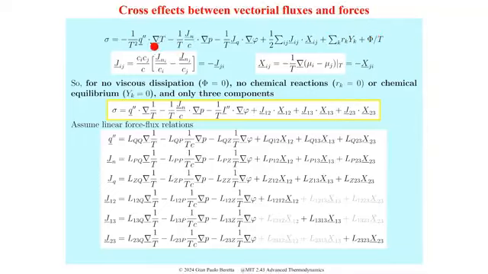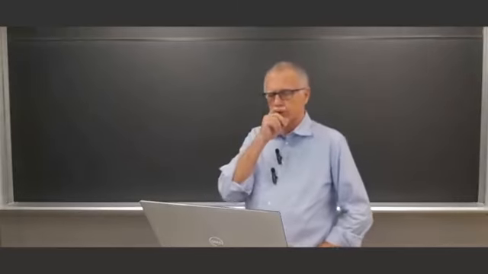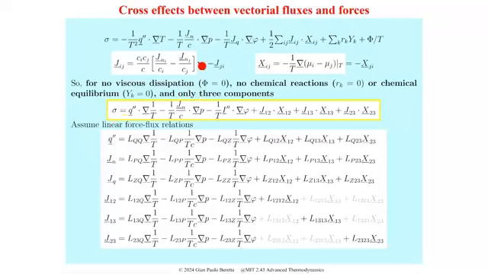You see here that we have many different terms. And then let's suppose we have only 3 kinds of particles in our system. That summation over the i's and j's ends up contributing only 3 of these products of forces and fluxes. Only 3 of them are non-zero and independent.